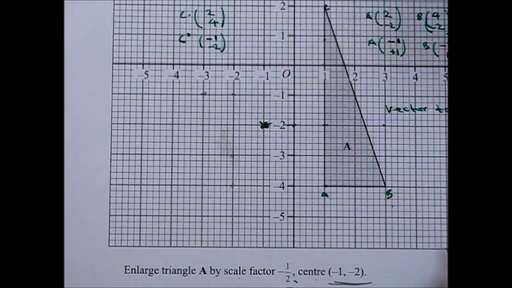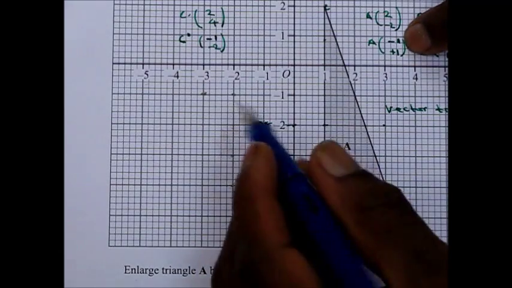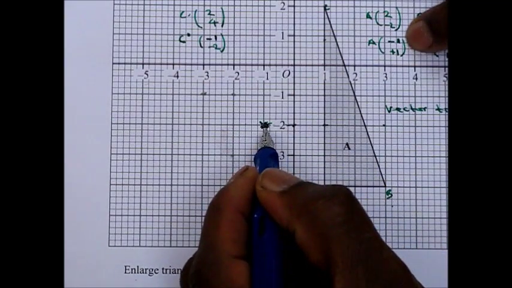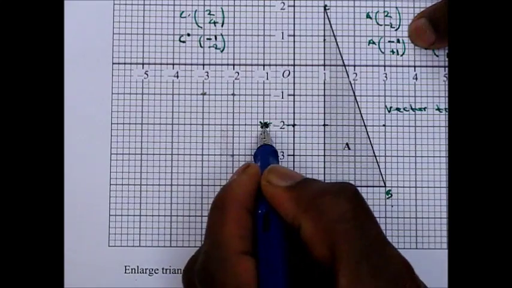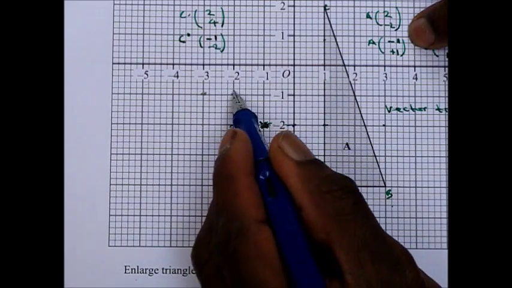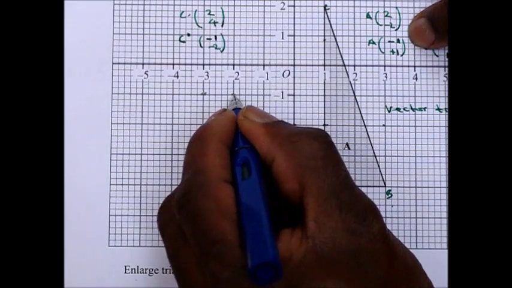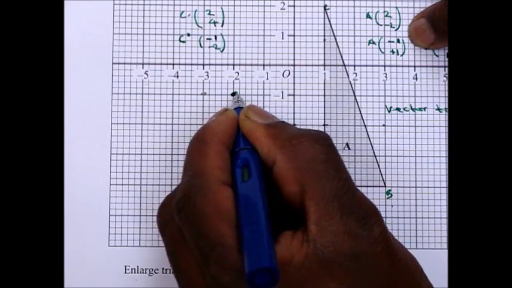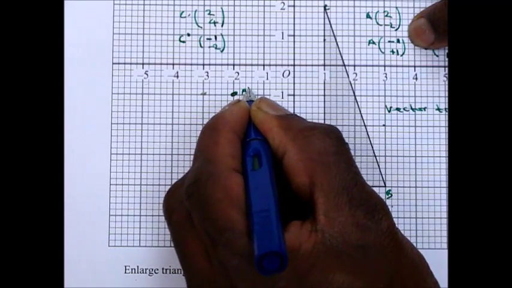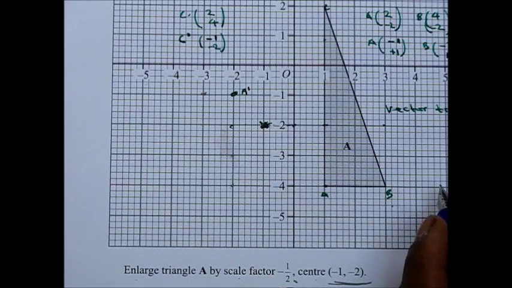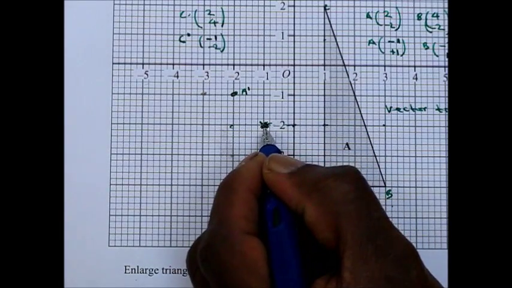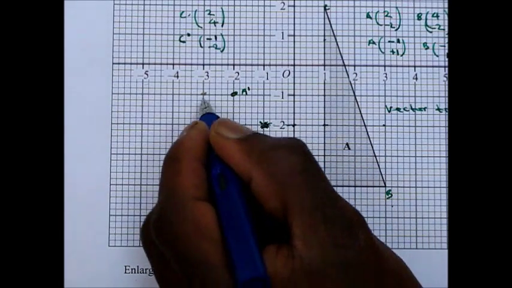So for A, I know that A from this point must be 1 across and 1 up. So I'm going to put a mark here, and that will be my new point for A dash. B from this point must be 2 across and 1 up.